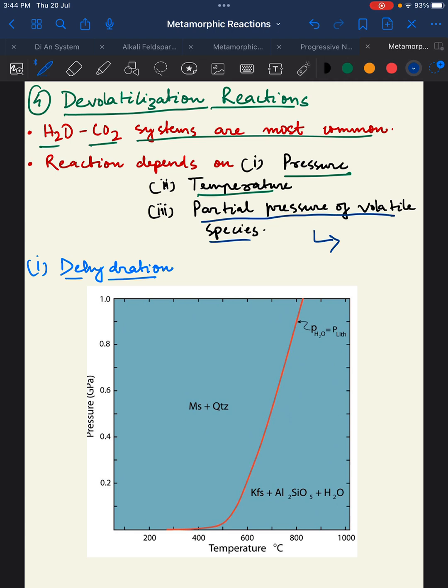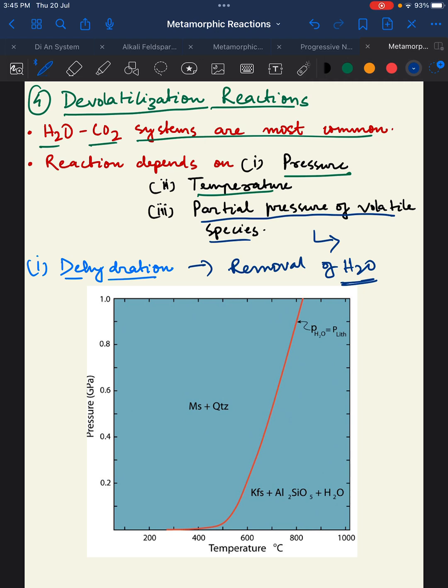The first one is dehydration. Dehydration means removal of H2O. H2O is water. So if water is getting removed from the structure of a mineral and is generated as an independent phase, the reaction is termed a dehydration reaction.